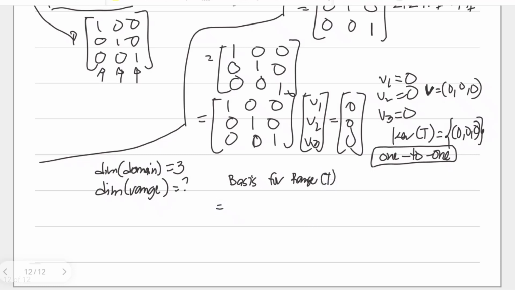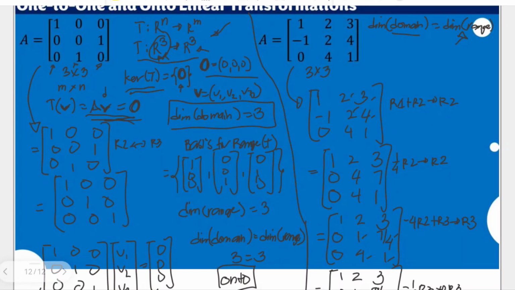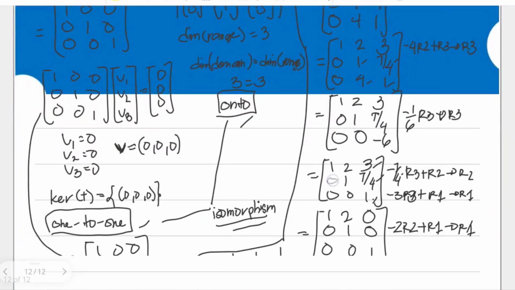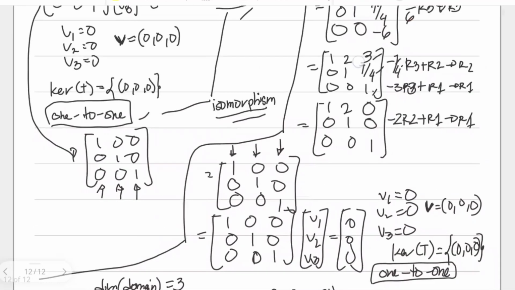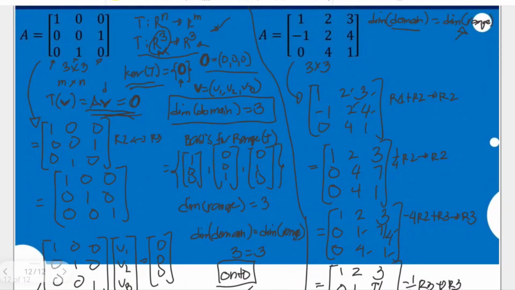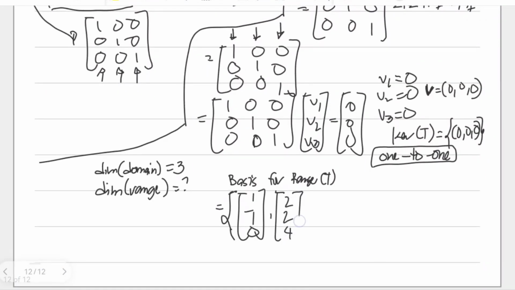Since in our reduced row echelon form all 3 columns contain leading ones, we're going to copy all 3 columns here as well. So you have negative 1, negative 1, 0. 1, negative 1, 0. Then 2, 2, 4, and then you have here 3, 4, and 1.